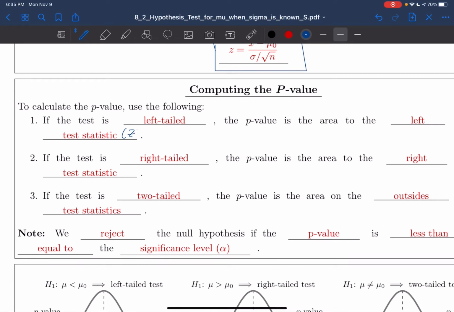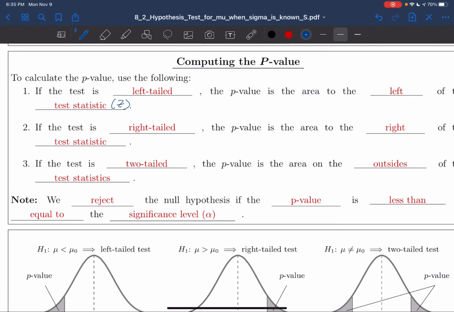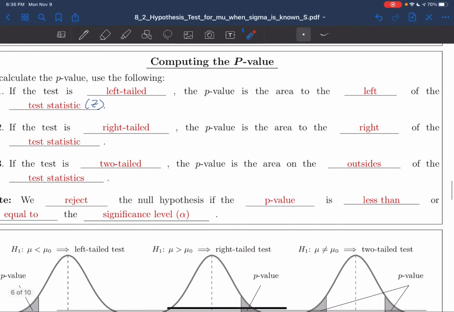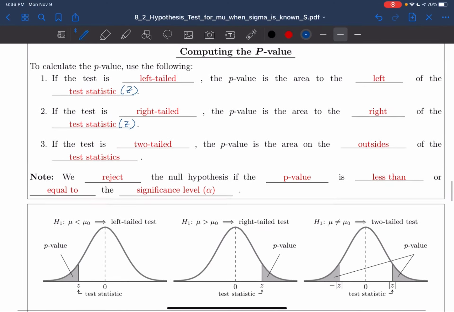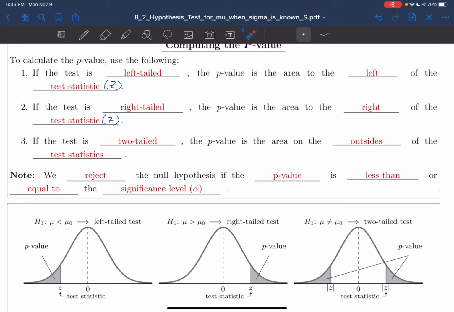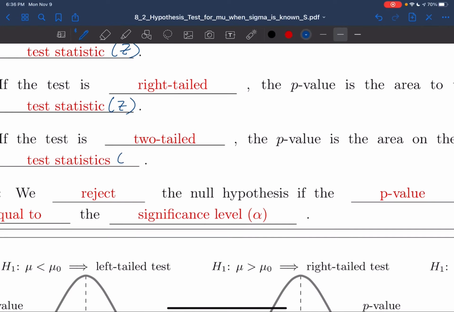If you're dealing with a right tail test, then your p-value is the area to the right of the test statistic z. And if you're dealing with a two-tailed test, the p-value is the area on the outside of the test statistic z.